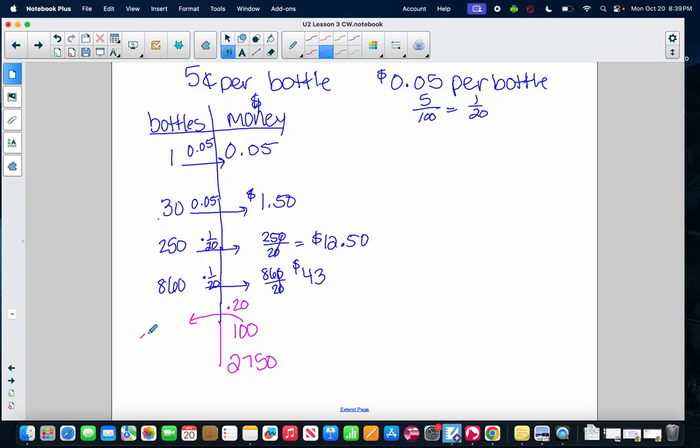And 100 times 20 is 2,000 bottles. And then I need to multiply 2,750 by 20. And we end up with 55,000 bottles.